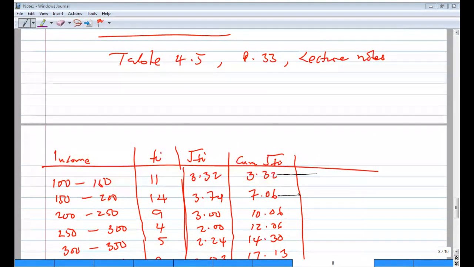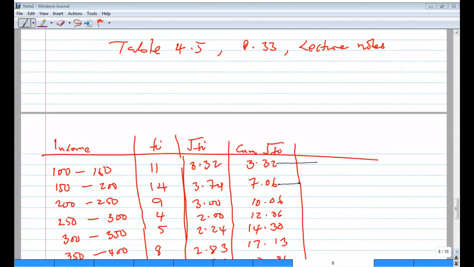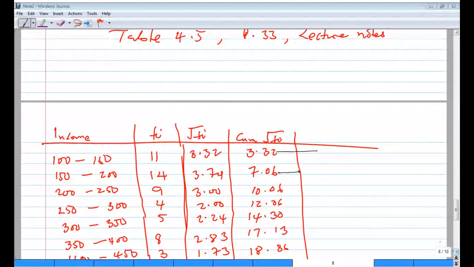Which one is that? The value which is very close to that is what? 12? Are you sure it's 12? It's 14, I think it's this one.